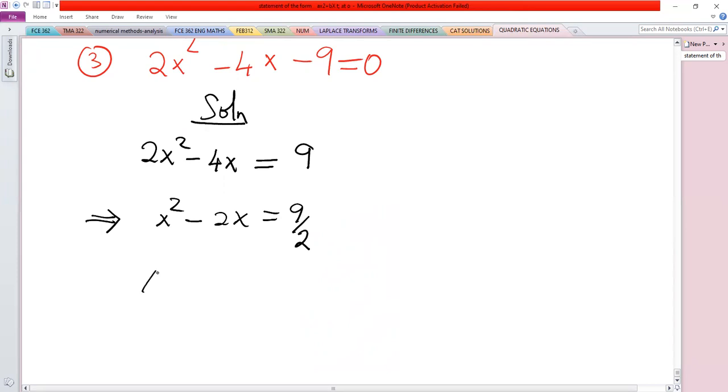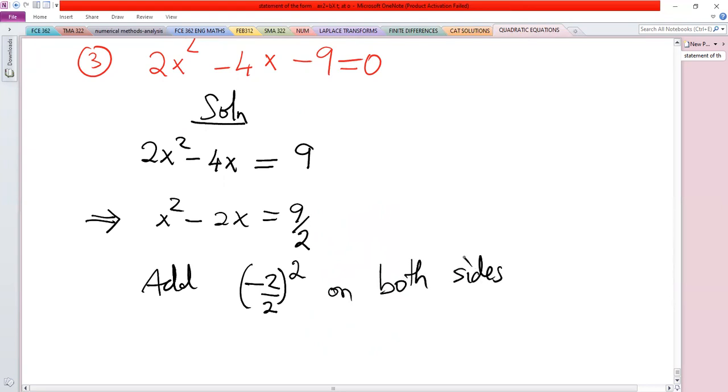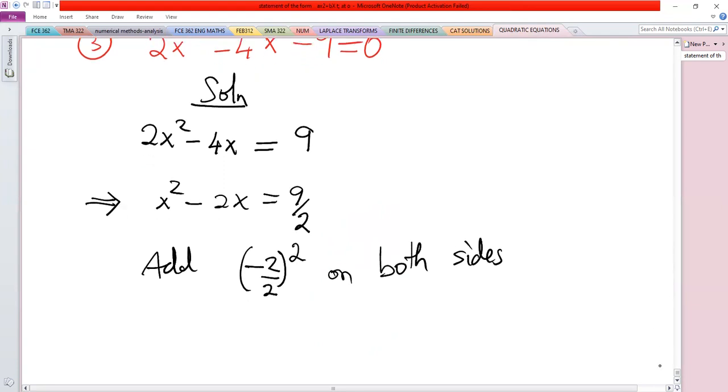And then next step, add minus 2 over 2, because now this is our b, and a coefficient of x squared is 1, squared on both sides. Now, minus 2 over 2 is minus 1.